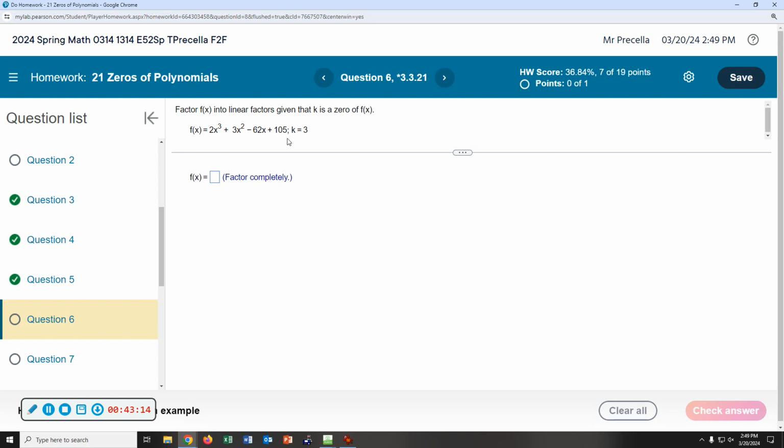We want to factor 2x cubed plus 3x squared minus 62x plus 105. And notice they're telling us that k equals 3 is a 0. They give you the k value, so there's no change in sign here.